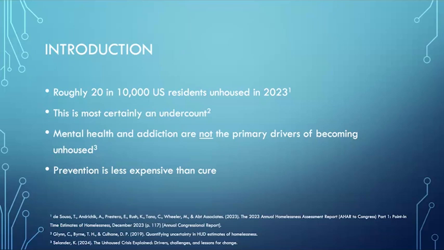It's probably the stigma because the subpopulation of unhoused individuals who are chronically unhoused, for them it is a primary driver, but they are a very small percentage of the number of people who are actually unhoused in any given year. Most people who are unhoused are unhoused for a very short period of time, two weeks to two or three months.